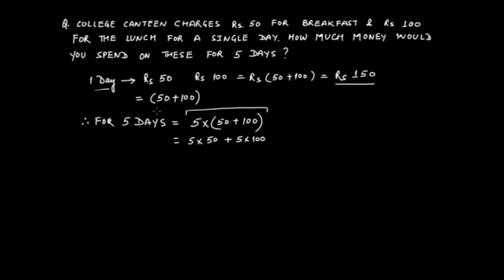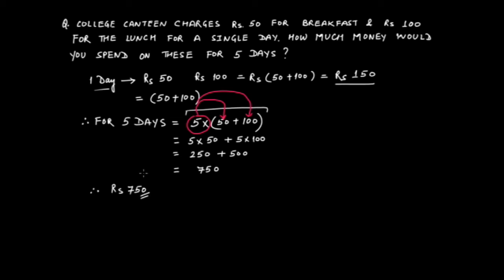It's like this: 5 times you will attack first on 50 and then attack on 100. That is what we have done here. So it would be 250 plus 500, and therefore the answer you would get is 500 plus 250, which is 750. So we spend rupees 750.